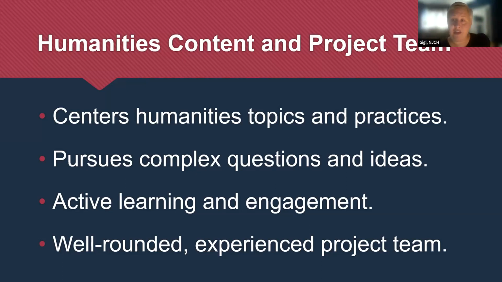If any of you have looked at NJCH grants in the past, we had a very specific requirement for the inclusion of a humanities scholar. We have moved away from that, not because we devalue humanities scholars, quite the opposite, but because we recognize that often it's not just one scholar who's going to make a well-rounded project team.